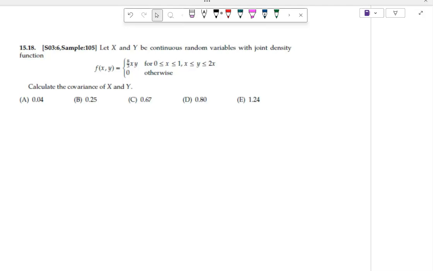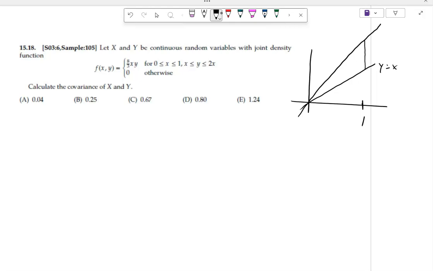Okay, so it says that your x goes from 0 to 1, and your y is between y equals x and y equals 2x. So all the way up there.